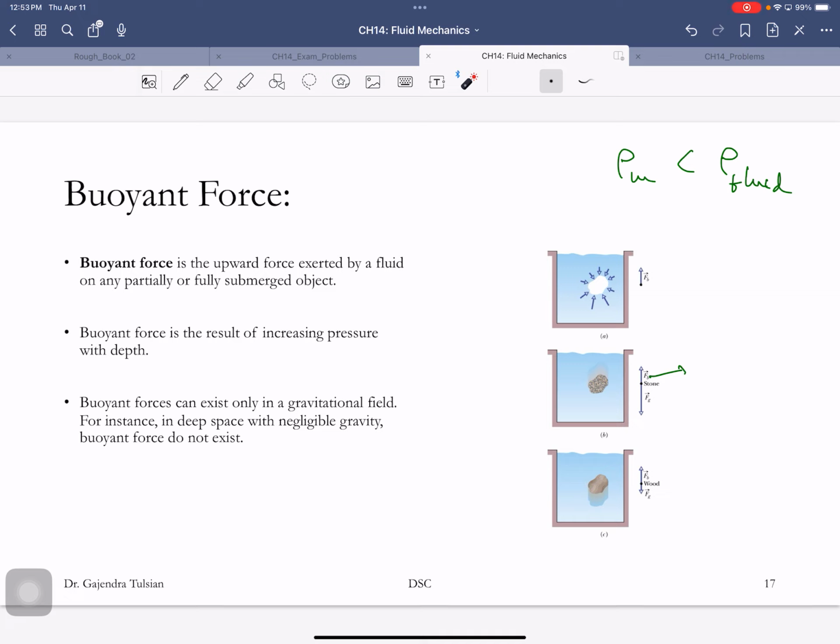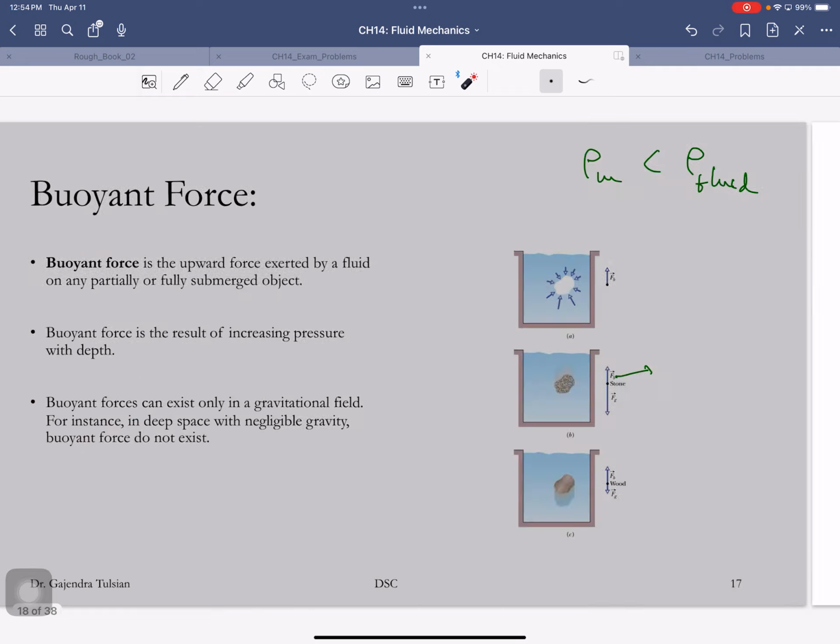And if the buoyant force is equal to the weight, the object will float. I mean, it'll remain at rest underwater. So, for instance, the human body: our buoyant force is almost equal to our weight. So we wouldn't sink if we didn't panic.